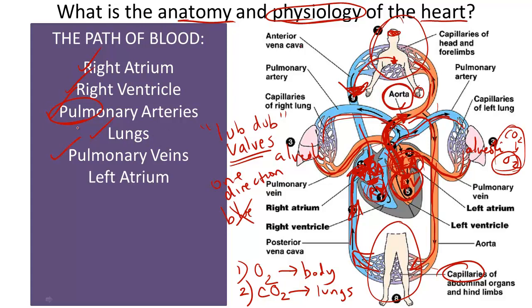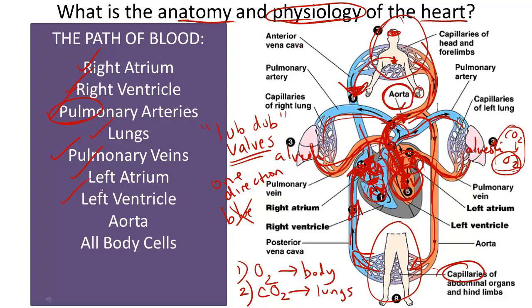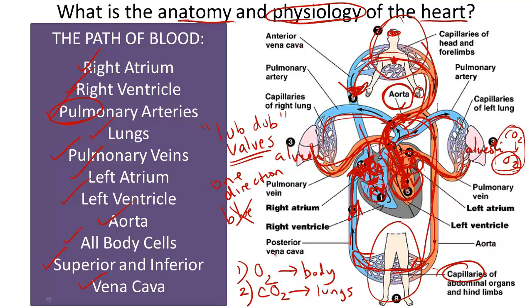Now we can transport this oxygen-rich blood back to the left atrium, the left ventricle, and from there travel through the aorta to all the body's cells. And once we've exchanged gas at all of the body's cells, we've collected them in the major veins all the way up to the biggest veins, superior and inferior vena cava.